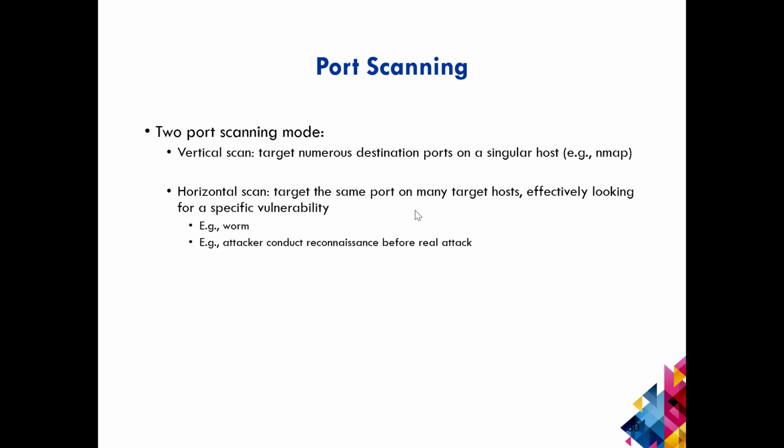They don't know which one is the server, so they try to send to any active nodes or computers attached to the network. And then horizontal scan: maybe they know the server IP addresses, and then they try to find what port is open and gain access to the server. So those are the two types of port scanning mode, vertical scan and horizontal scan.